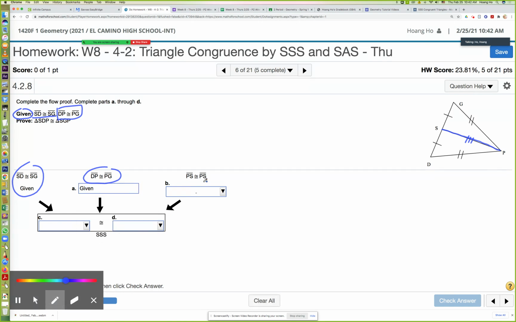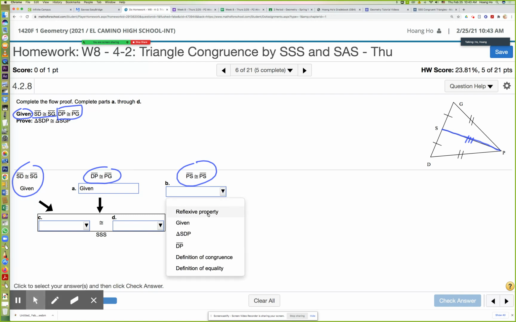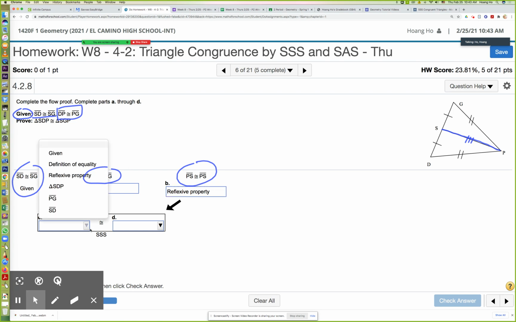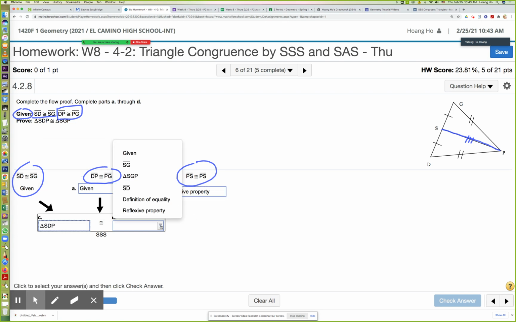And now the common side should be equal to itself: PS congruent to PS. The reason should be reflexive. Always reflexive. Now you list out the names of the two triangles, and that's the only choice. Otherwise, if you have multiple choices, make sure you look at the names and make sure they correspond. So we're done with question number 6.